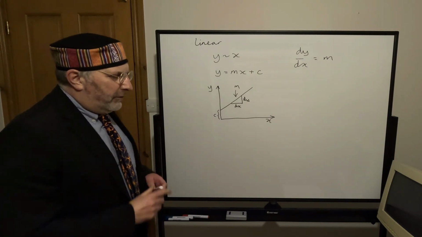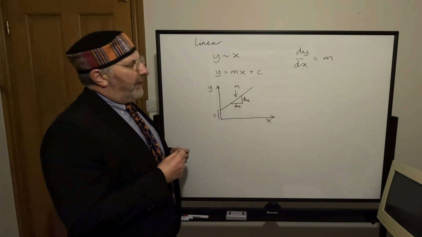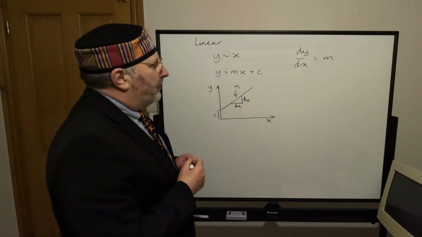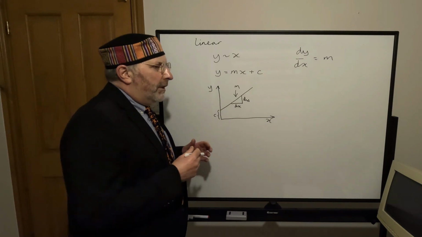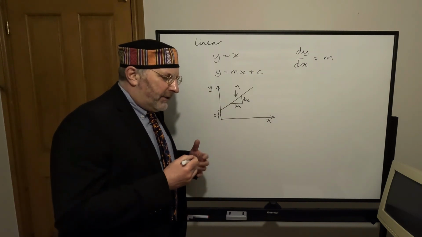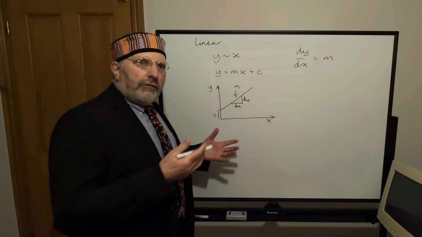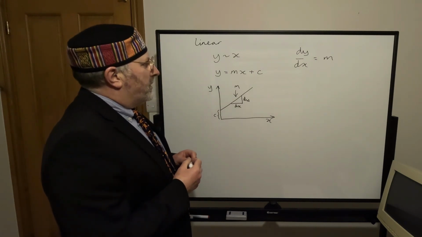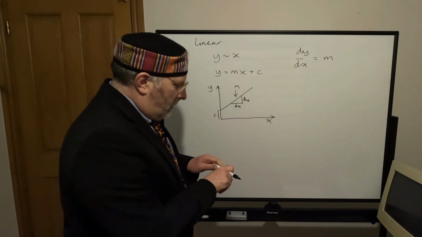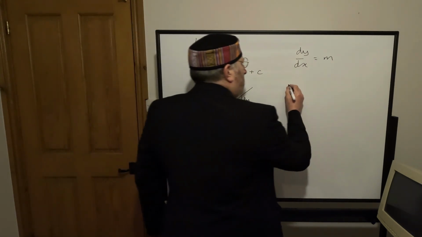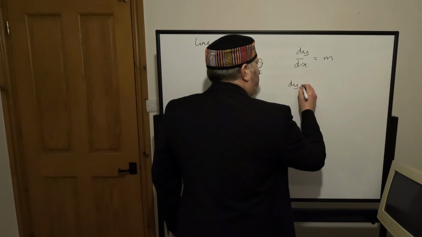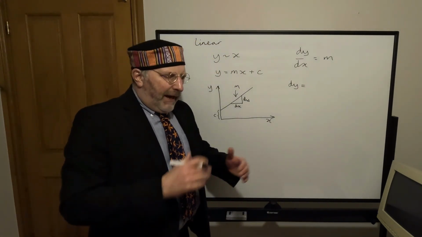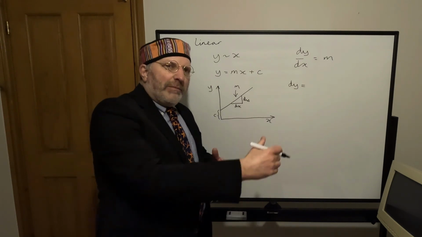But I'd like to derive that in a couple of other ways just to help develop our intuition about these things. So firstly, we can do the same kind of calculation we did when we first looked at the idea of derivative, which is to say we're interested in the change in y as we go from x to x plus dx.